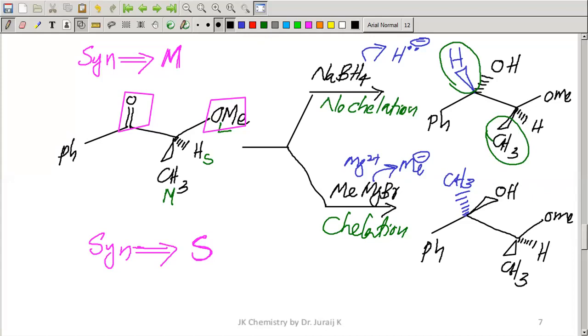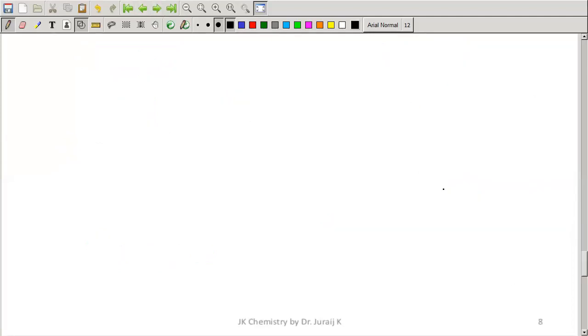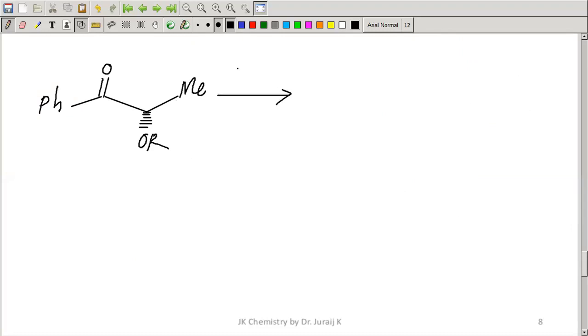Okay, we can check another problem in which I am giving the substrate as Ph, double bond O, Me, and here OR. Now it is treated with CH3MgBr.